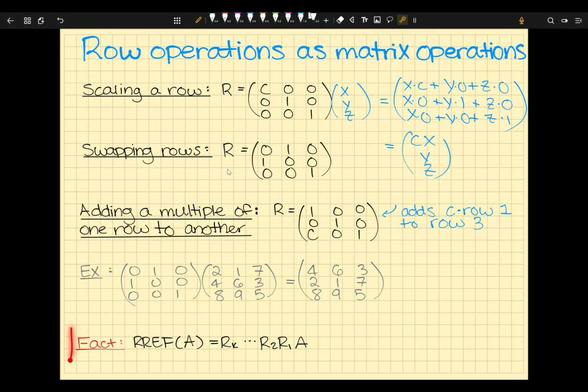And the really important fact we get from all of this is that if we want to bring our matrix into either row echelon form or reduced row echelon form, all we do is take A and multiply by this series of matrices, and we end up in our reduced form.